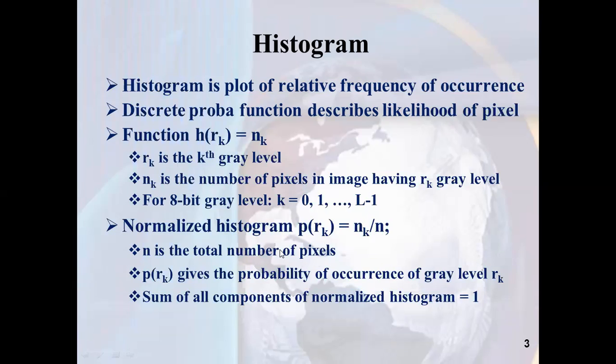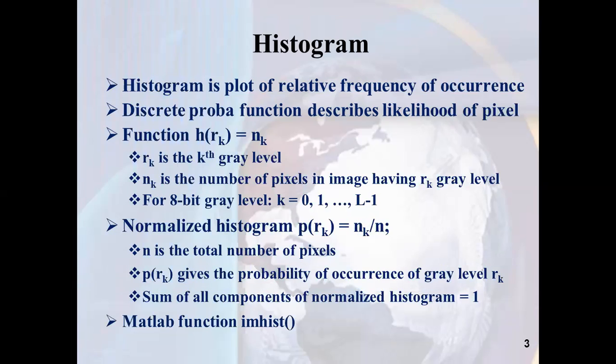So rather than saying that, for example, 100 pixels have the value 5, we can say that the percentage of the value 5 is, let's say, 4%, and so on. In this case, the sum of the components of probability is 1, because the summation of nk is n, the total number, divided by n, which is 1.